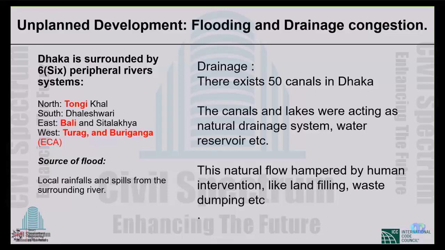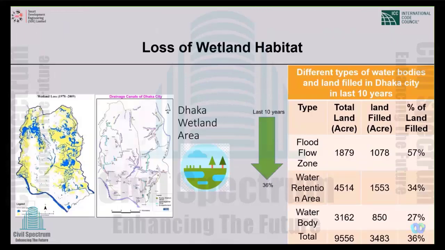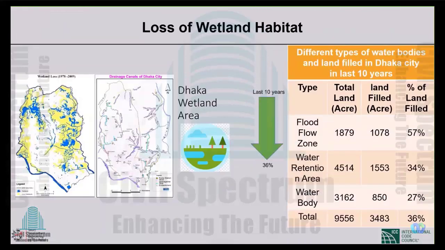Finally, we suffer, because we thought we would get the land and build houses, but if we don't have wetlands or canals, the water has nowhere to go. Rain will come. You cannot cover the whole of Dhaka city with an umbrella, right? So we have to face the natural system, and we have to allow natural rainfall to drain to its mother, that is the river system or wetlands.